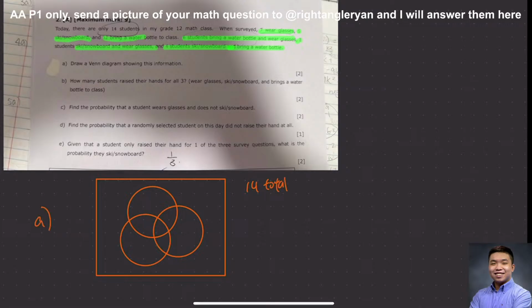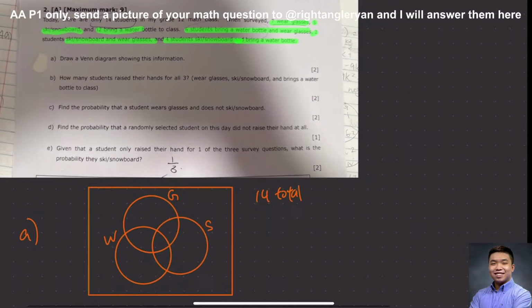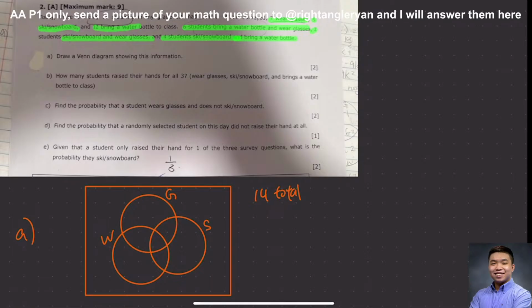This is part A. Glasses is here, this is ski snowboard, and this is water bottle on the left. 7 wear glasses, 5 ski snowboard, and 12 water bottle. 6 students bring a water bottle and glasses, 2 students bring ski and glasses, and 4 students ski and water bottle.